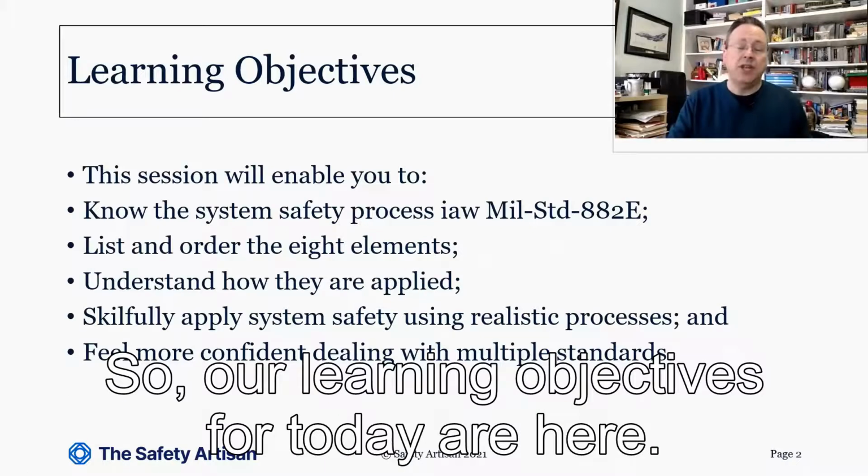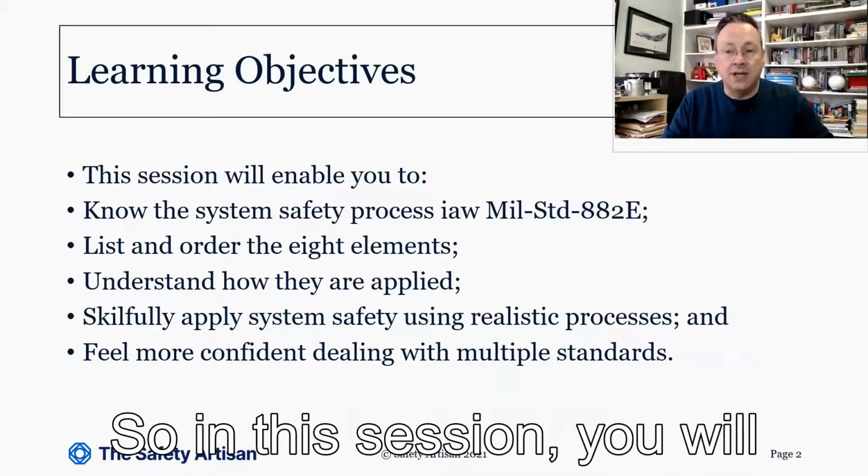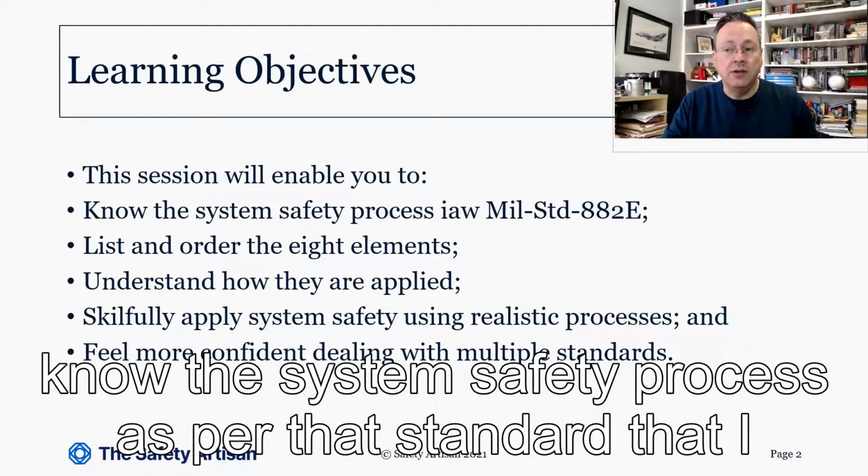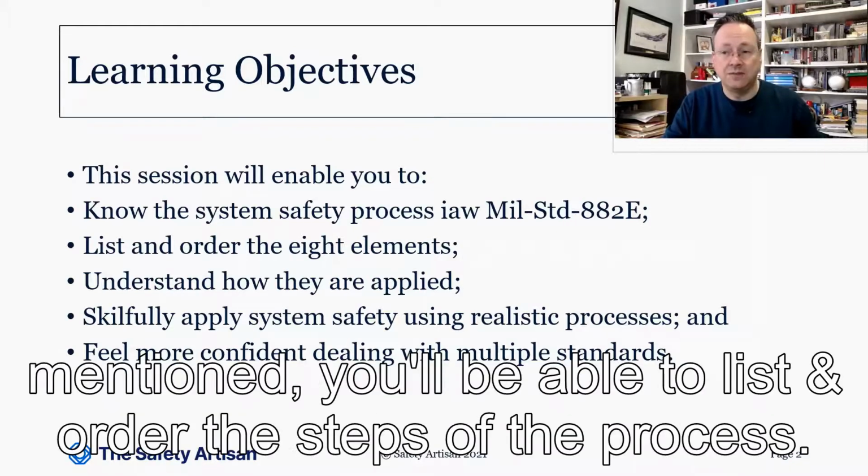So our learning objectives for today are here. In this session, you will learn the system safety process in accordance with that MIL standard that I mentioned. You will be able to list and order the 8 elements of the process.